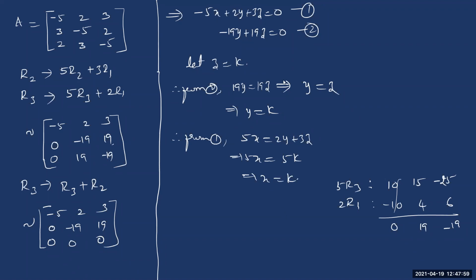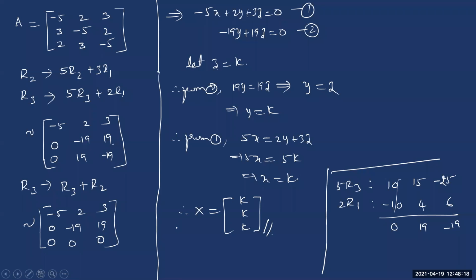All right. Therefore, the final solution is X equals k, y equals k, and z is also equal to k. So that's how you can find the solution for this particular problem. Remember, first we proved that the value of lambda is equal to 6, and then by substituting lambda equals 6, we obtained the solution, right?